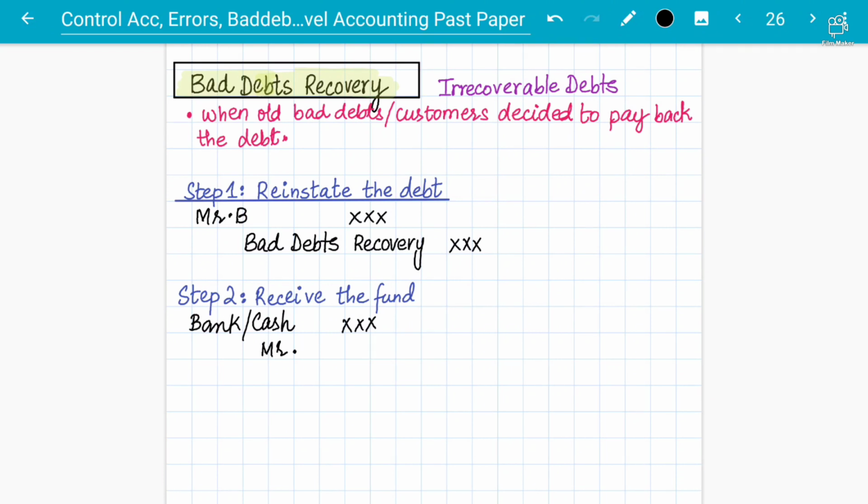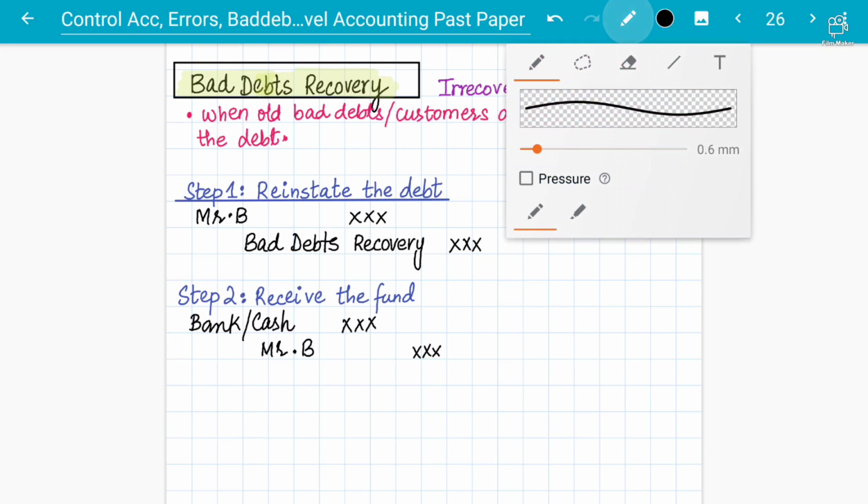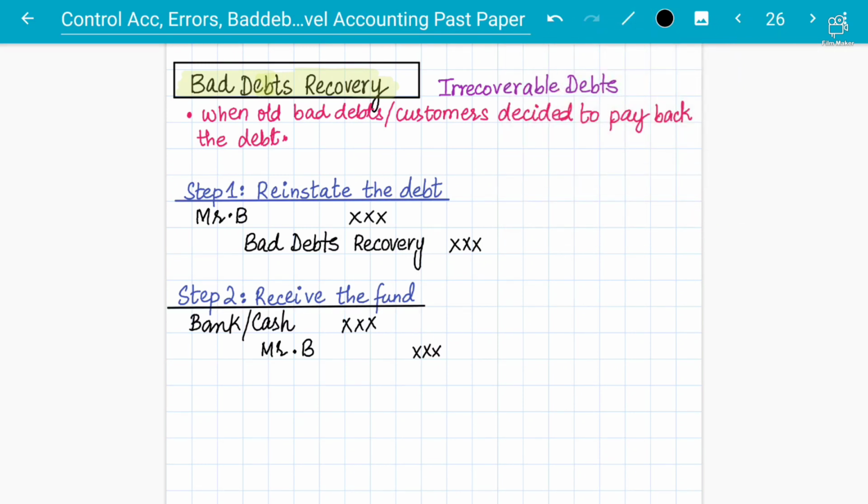Just in this case we have Mr. B, so we receive the funds. Bank or cash become debit, and Mr. B, the debtor who is paying off the bad debts now in the later years, will be credited.